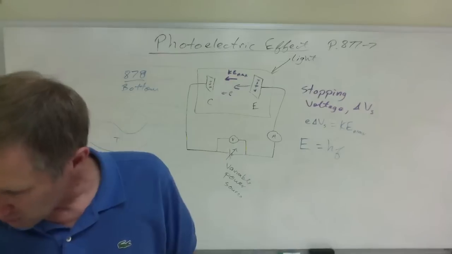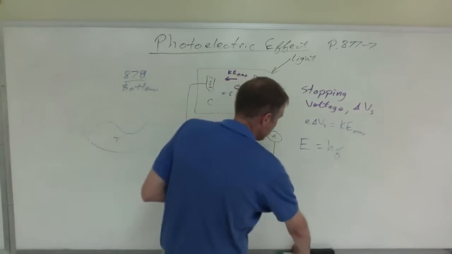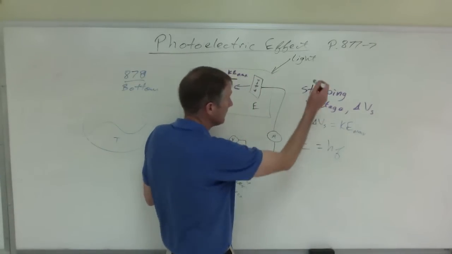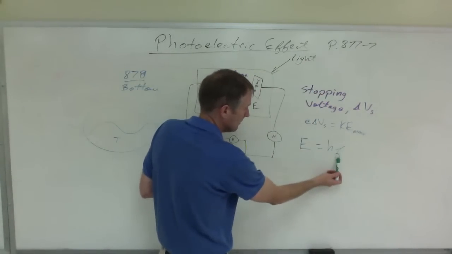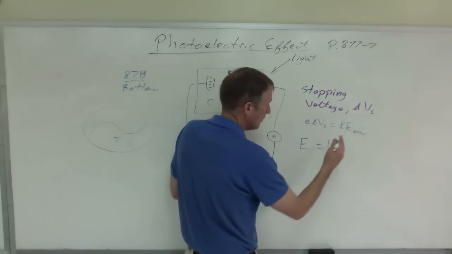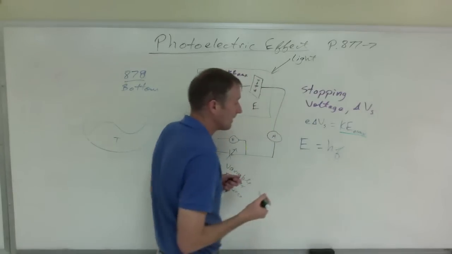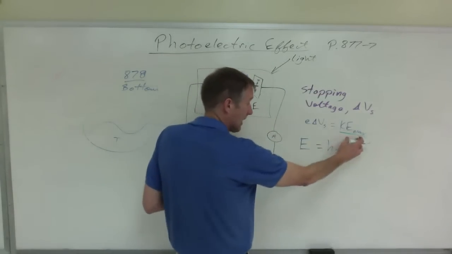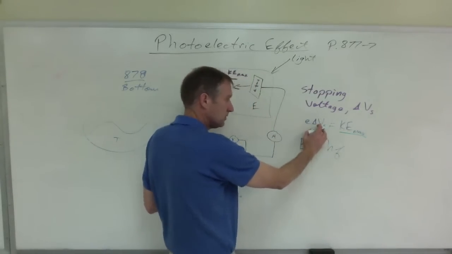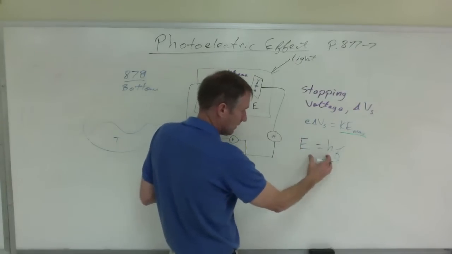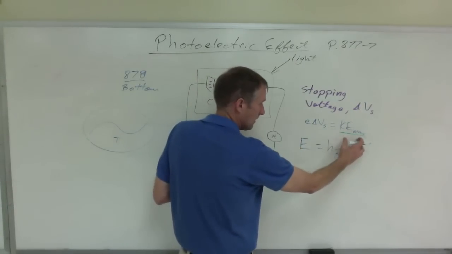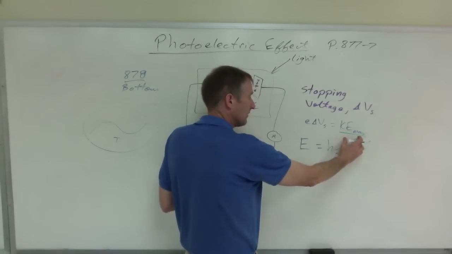Okay, so you've got a couple of equations. You know the energy of a photon of light coming in is that. You know the maximum kinetic energy of the photoelectrons is that. This is the stopping voltage, all right? Again, energy of a photon, that's the maximum kinetic energy of the electron.